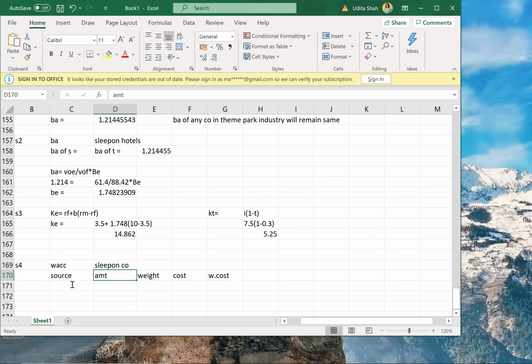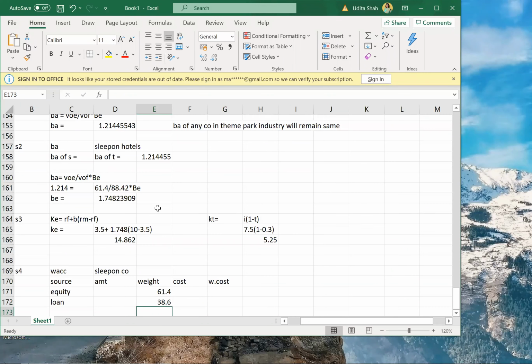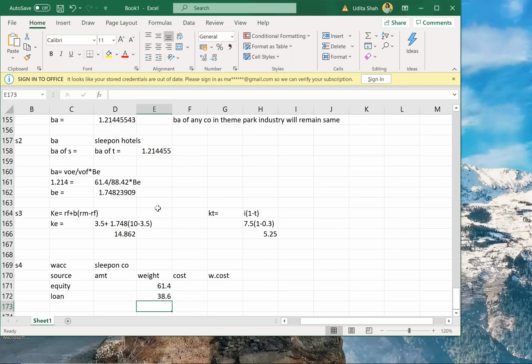So source is equity and loan. Loan, that is debt. Amount they have not given, but they have directly given weights, right? Percentage they have given. So 61.4% and 38.6%. Correct? They had not given the amount, but weights they had given, so we can directly put it as weight.